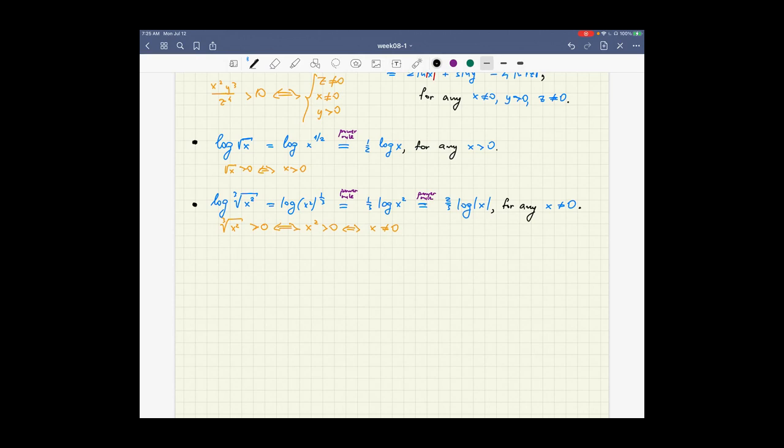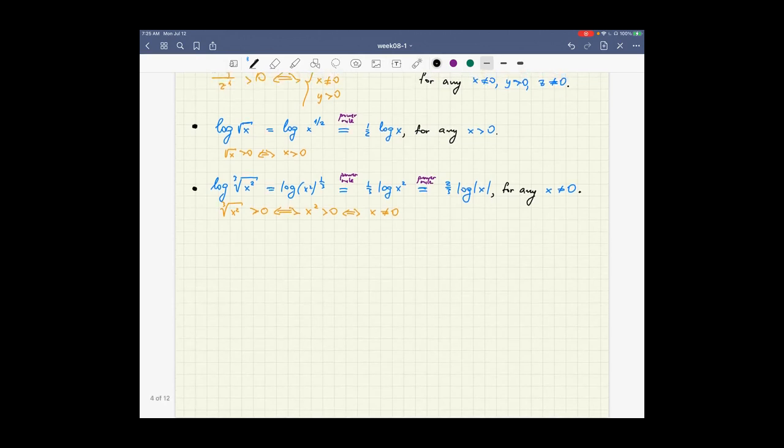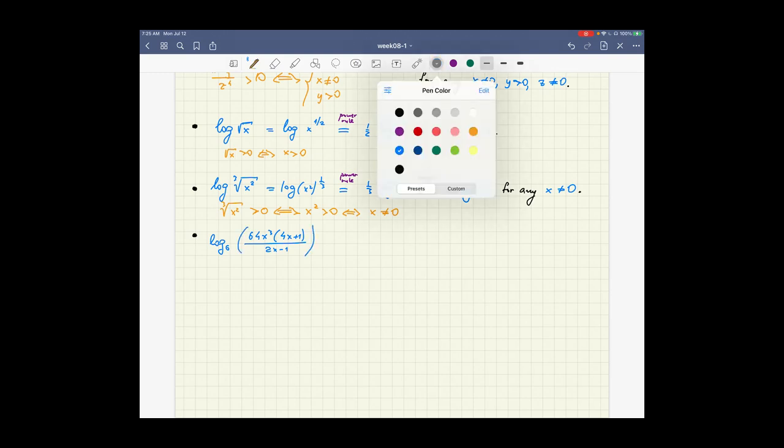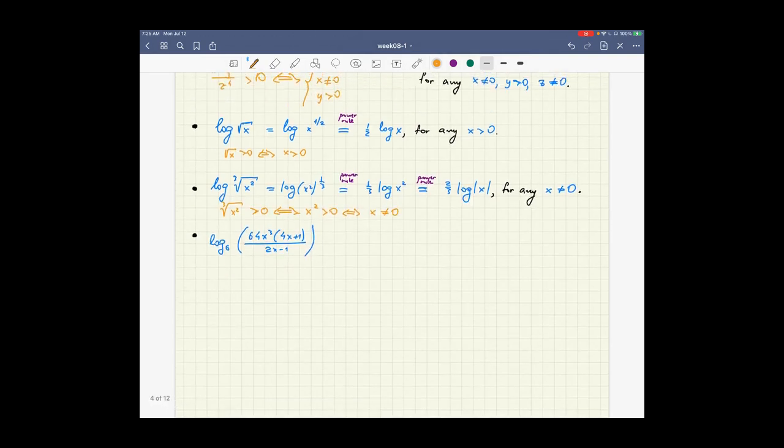All right, in the next problem, we need to expand log base 6 of 64x cubed times 4x plus 1 over 2x minus 1. And again, we want to know the largest subset of the real line for which this expression makes sense.